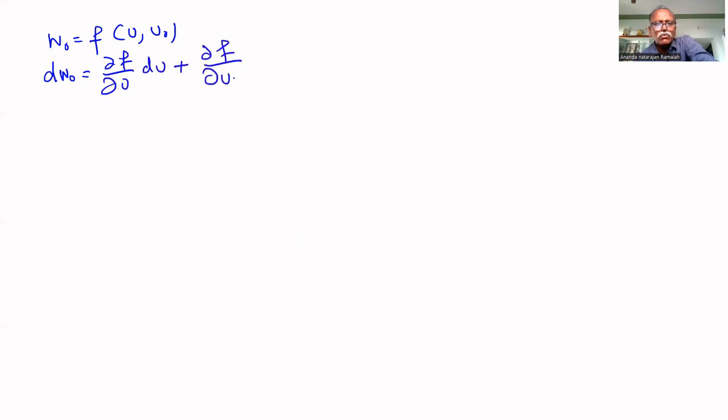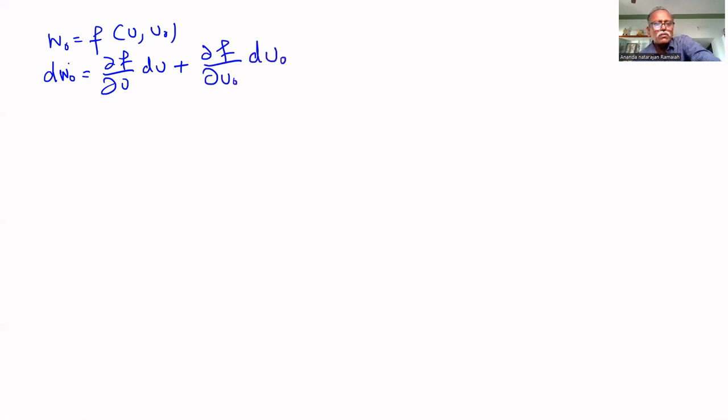Therefore, we can write w naught equal to a function of the upstream pressure and downstream pressure. Therefore, the total differentiation dw naught equals ∂f/∂u du plus ∂f/∂u naught du naught.